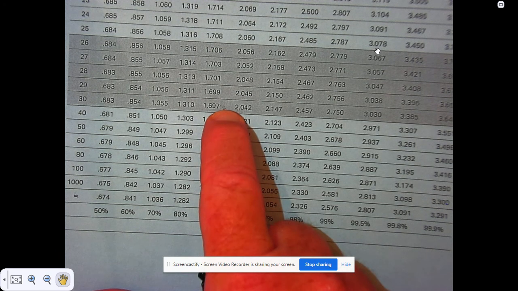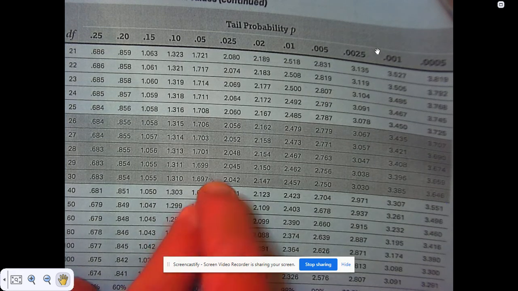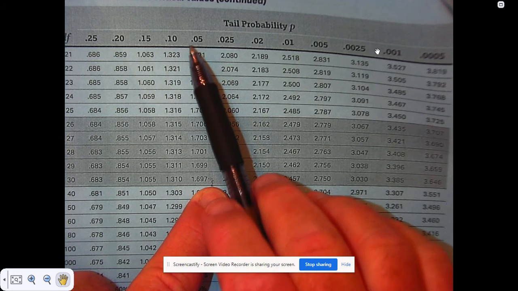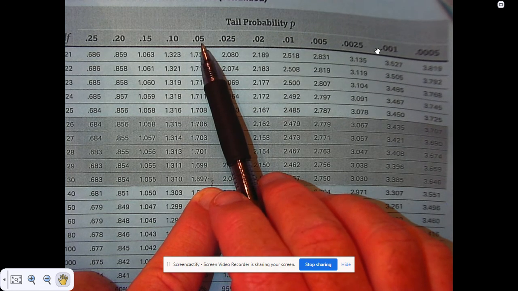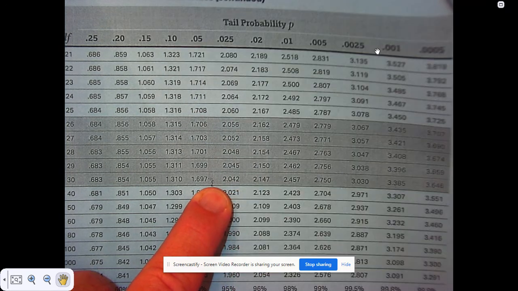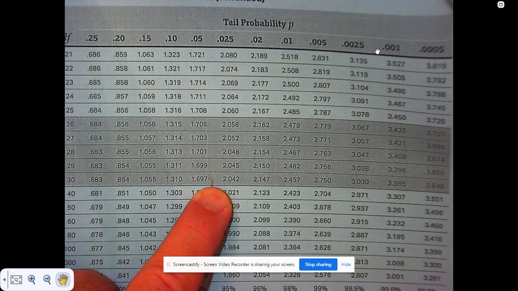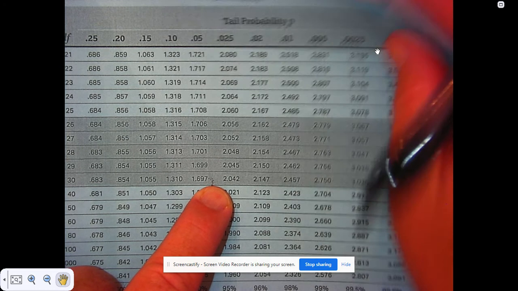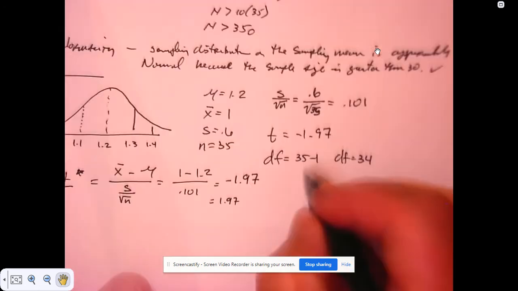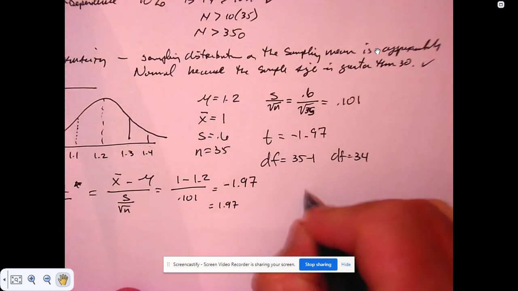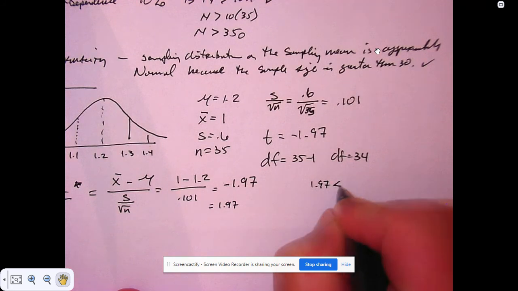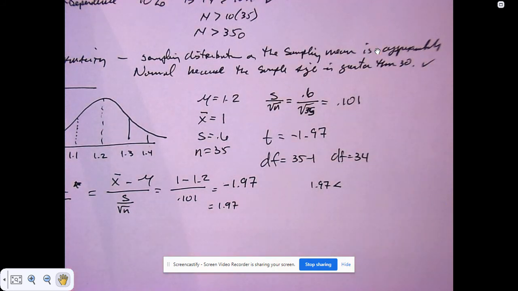That's good. So now I'm going to go up there, and now we know that our tail probability is going to be between 0.05 and 0.025. That's right in between. So our 1.97 is right in between those two numbers.